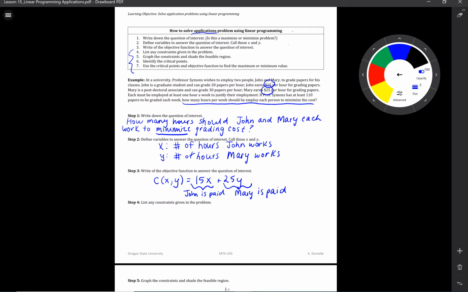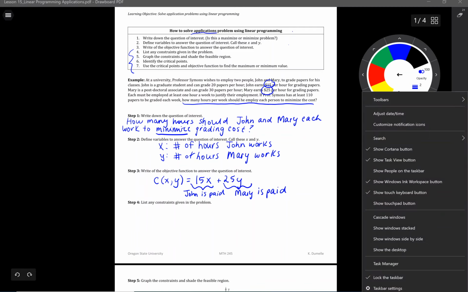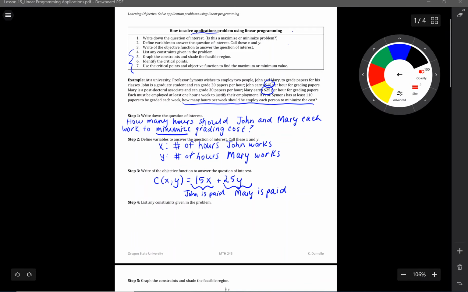Now I will list any constraints given in the problem. So I have a couple constraints. I first have that each must be employed at least 1 hour per week. So this tells me that the number of hours that John works, x, has to be greater than or equal to 1, and the number of hours that Mary works, y, also has to be greater than or equal to 1. I also have if Professor Simons has at least 110 papers to be graded each week.